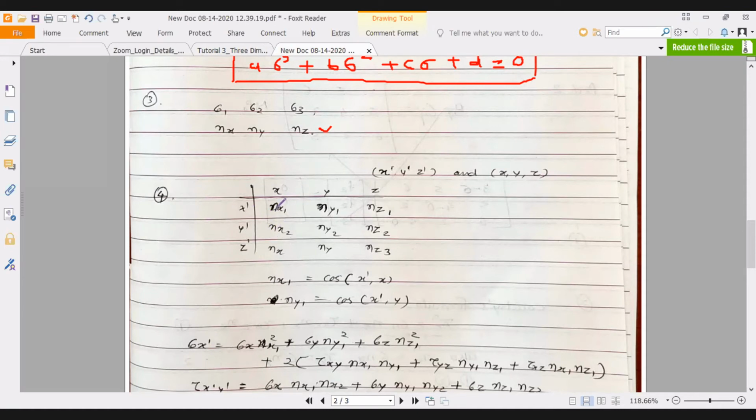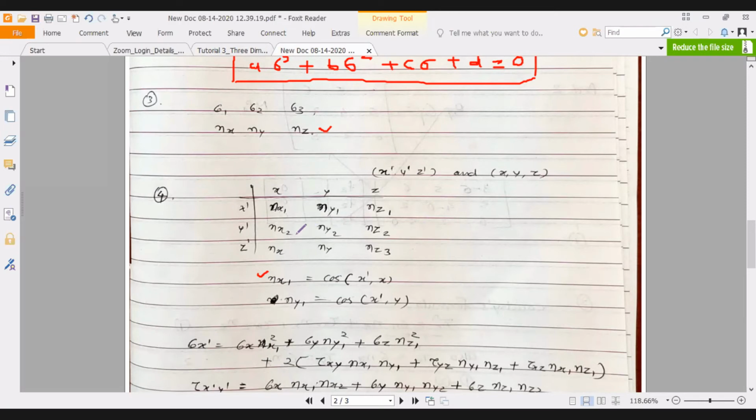Okay, so let me explain this one by one. What is this nx1? Here it is given. This is the cosine of the angle between x and x dash. Similarly, what is ny1? That is the cosine of the angle between x dash and y, and similarly nz1 is the cosine of the angle between x dash and z.